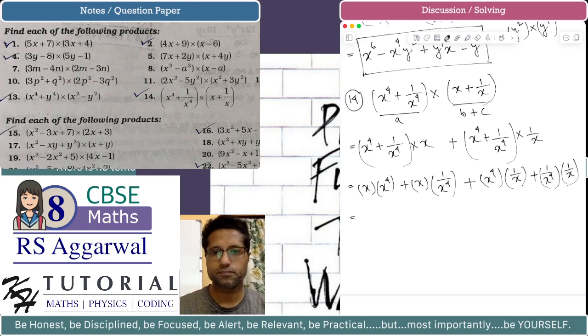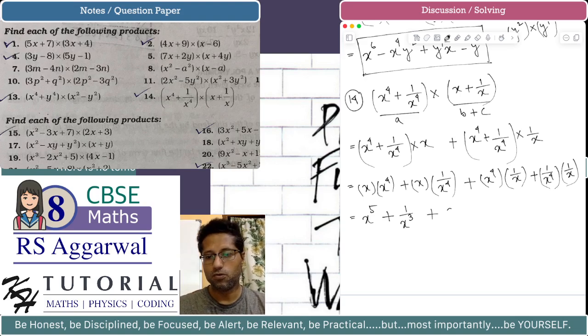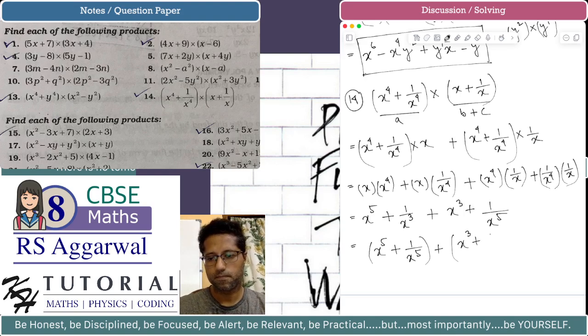So this becomes x to the power 5 plus x multiplied by 1 by x to the power 4 is 1 by x cube, and we have x cube plus 1 by x to the power 5. So for better readability, you can group the same power of x. You can write it like this, which will look good. So this is the final result.